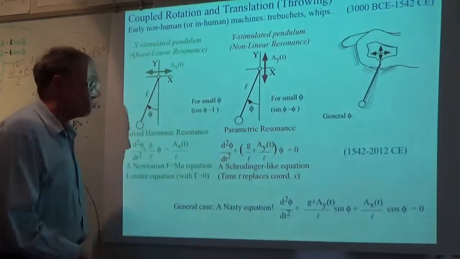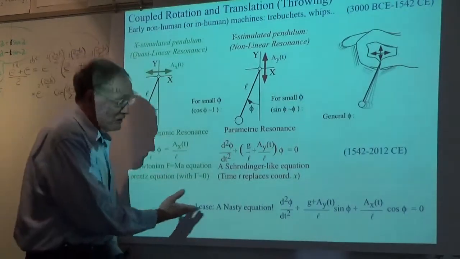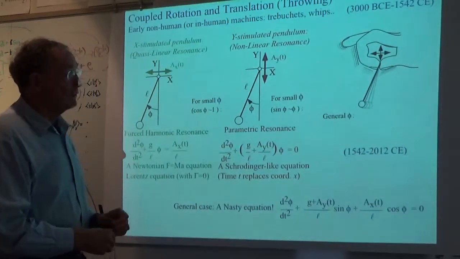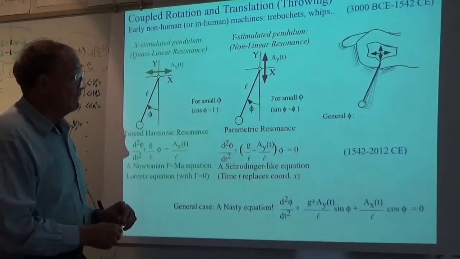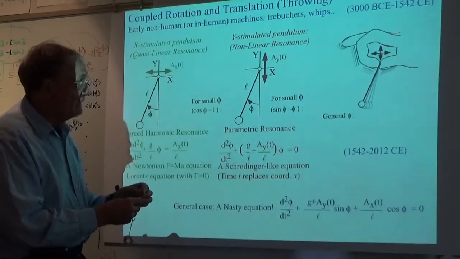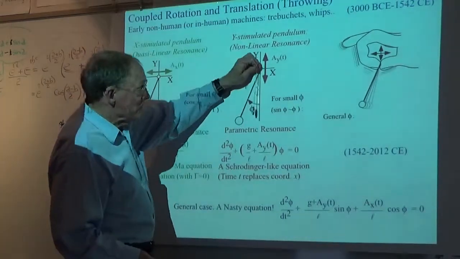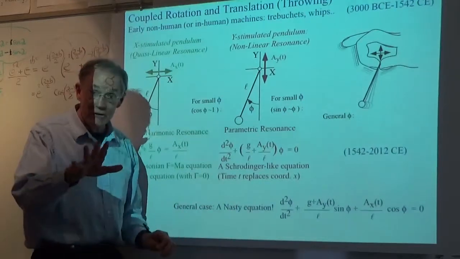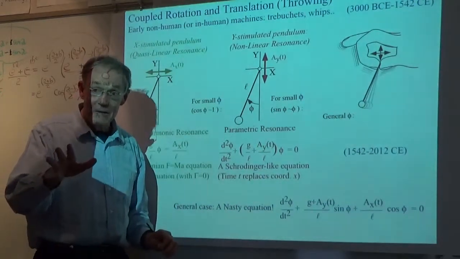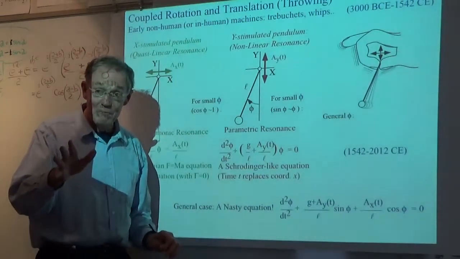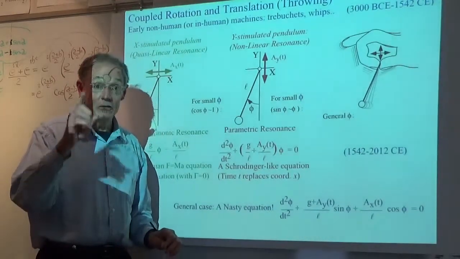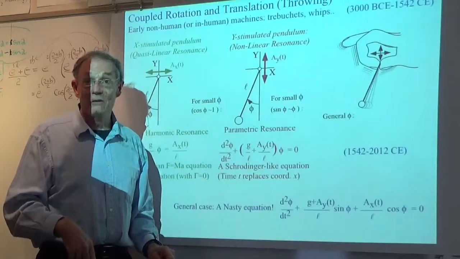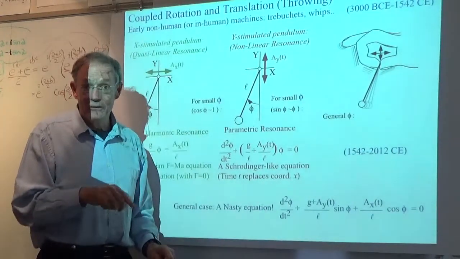Now, as I said, the general case is a really nasty equation. We're working on the in-between here. But the other thing I want to point out is finding the right motion to do this in a sport that involves a lever, like a baseball bat or a tennis racket or a golf club, is the secret to being good at it, to getting a lot of energy into it.